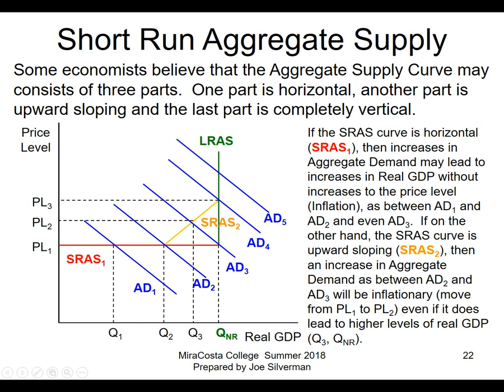In other words, we will have moved from an equilibrium level of GDP of Q2 to an equilibrium level of GDP of QNR.